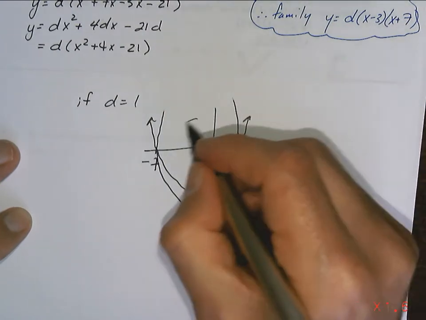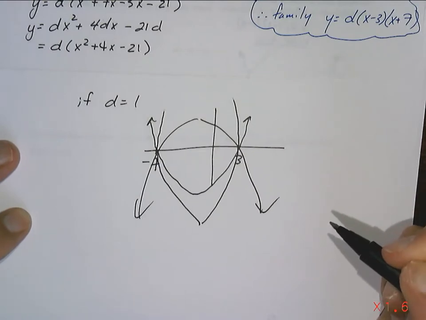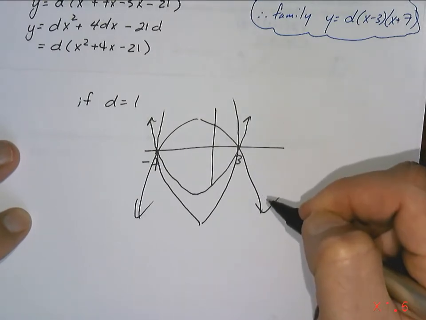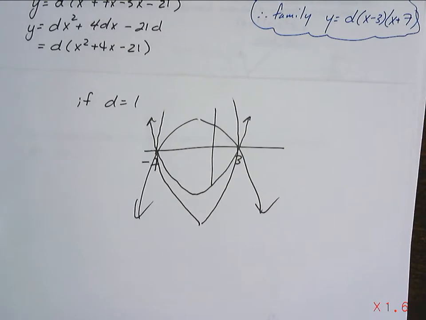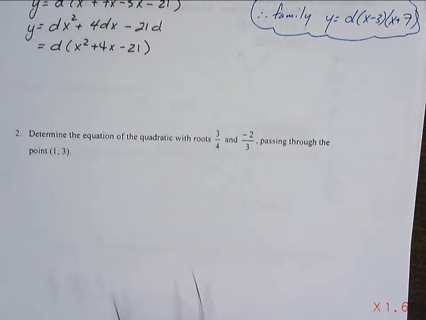Or if it was negative, it could look like that. Do we understand? So as d changes, the shape of that curve changes, either up or down, and skinny and fat. But to still go through negative 7 and 3. But we want a particular curve. The second question.